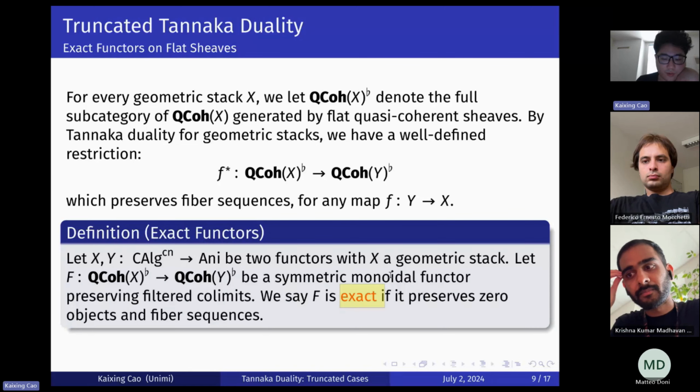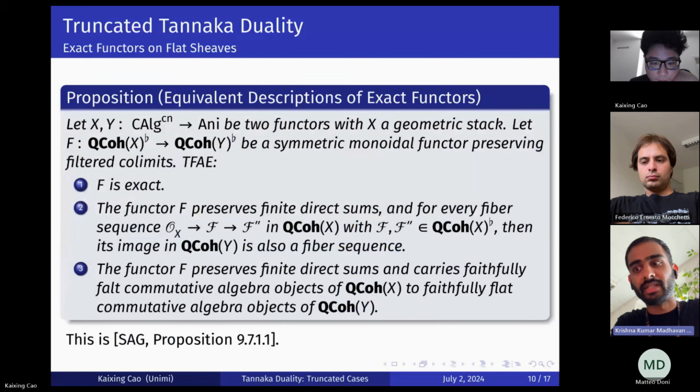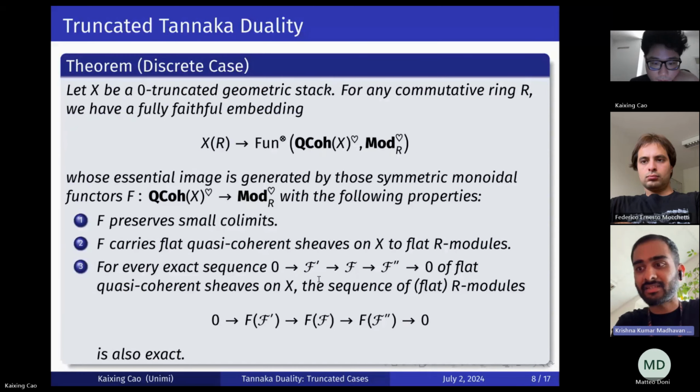You mean you want to define some left exactness and right exactness, right? No. You mentioned that if it's zero truncated, then they are abelian, so you can use this exactness property. You can define such functors to be exact at some point.